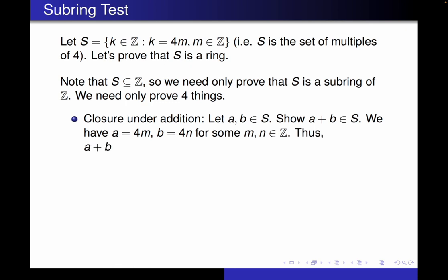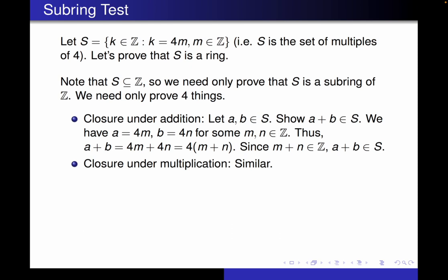If we add them together, this is what we get. We can factor out that 4. Notice that m and n are integers. That means m plus n is also an integer, which means that a plus b is 4 times m plus n, which means that it's in S. Closure under multiplication is very similar. You can try it yourself if you like.